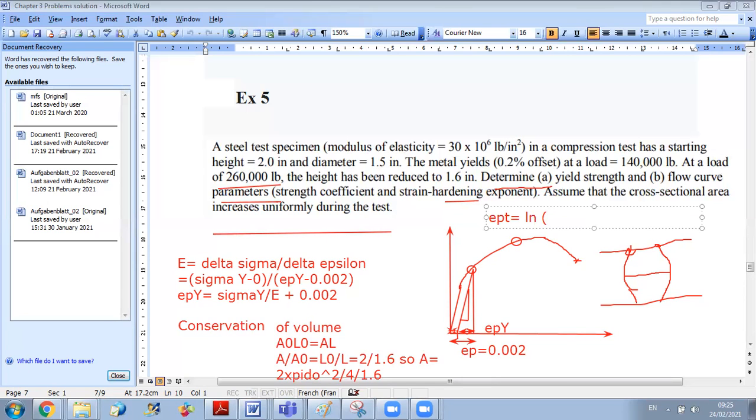When finding the strength coefficient and strain hardening exponent, since both sigma and epsilon are negative, you can consider the absolute values and find K and n, because once you say it's in compression, you know these values are negative. Let us see the calculation in numbers.